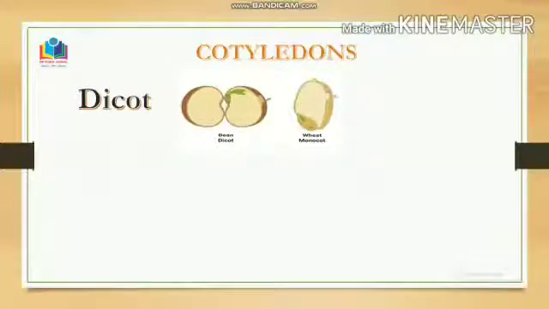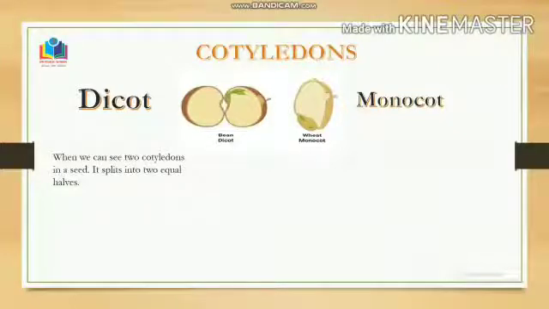And if it doesn't split into two equal halves, like a wheat or a rice grain, then the seed is known as a monocot, and we know that mono stands for one. So here in the picture you can see how a dicot seed and a monocot seed look. Some examples of dicot seeds are pea, beans, peanuts and tomato, and for monocot plants we have wheat, corn, grass and bamboo.